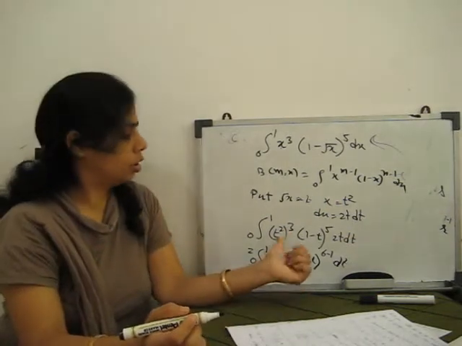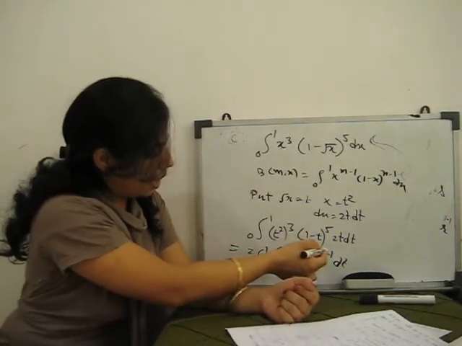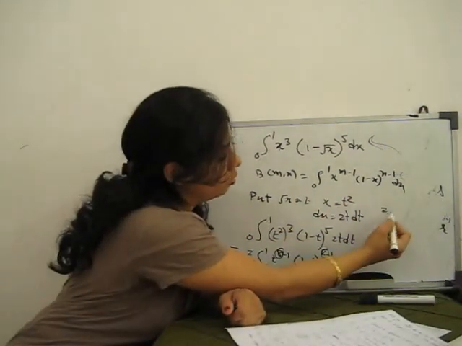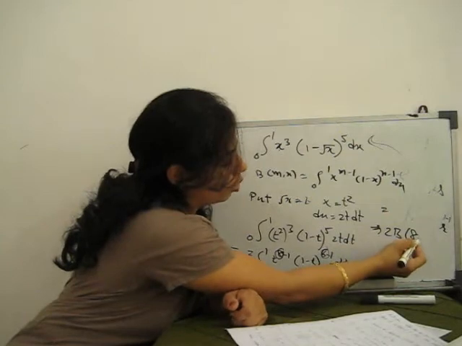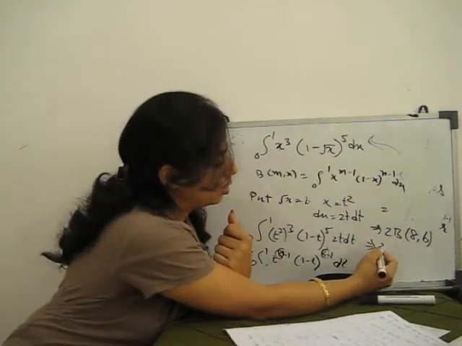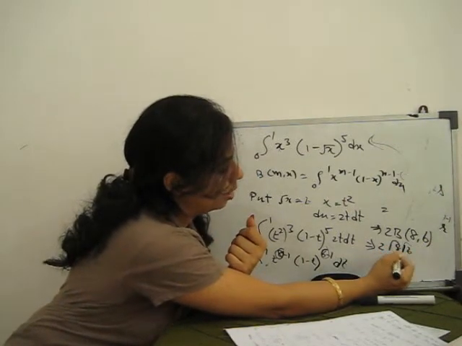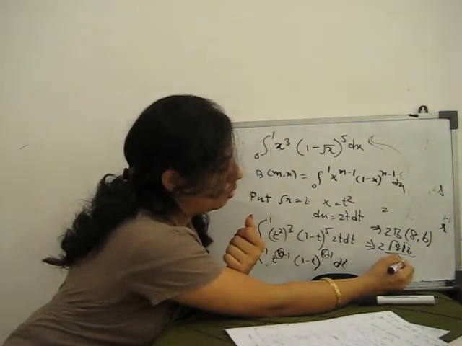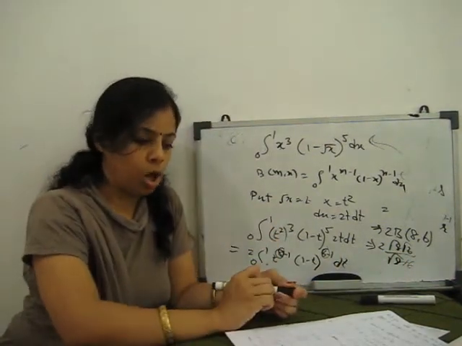So this gives beta of m is 8, n is 6. So this gives 2 times beta of 8 comma 6. Again beta 8 comma 6 we rewrite in gamma form: gamma m gamma n upon gamma of 8 plus 6. You just simplify it and you will get the required solution.